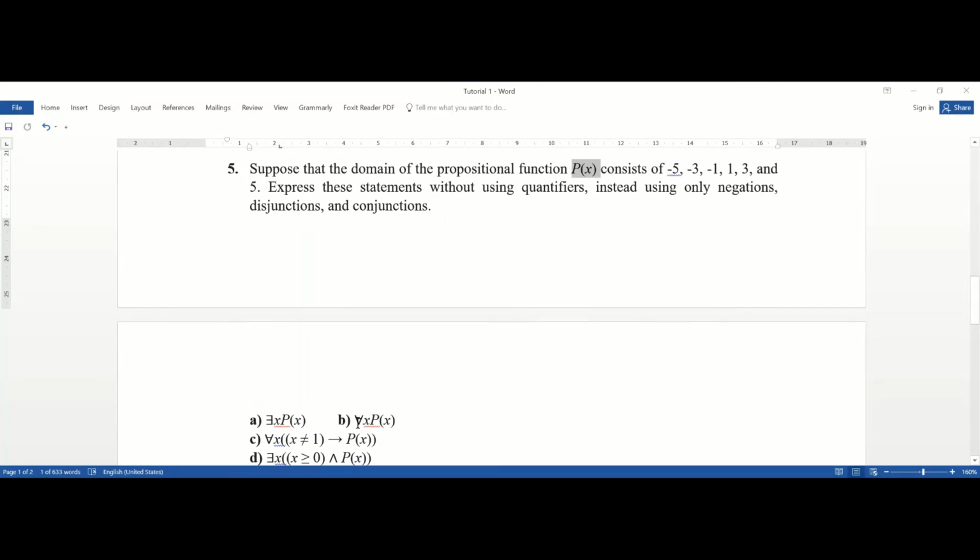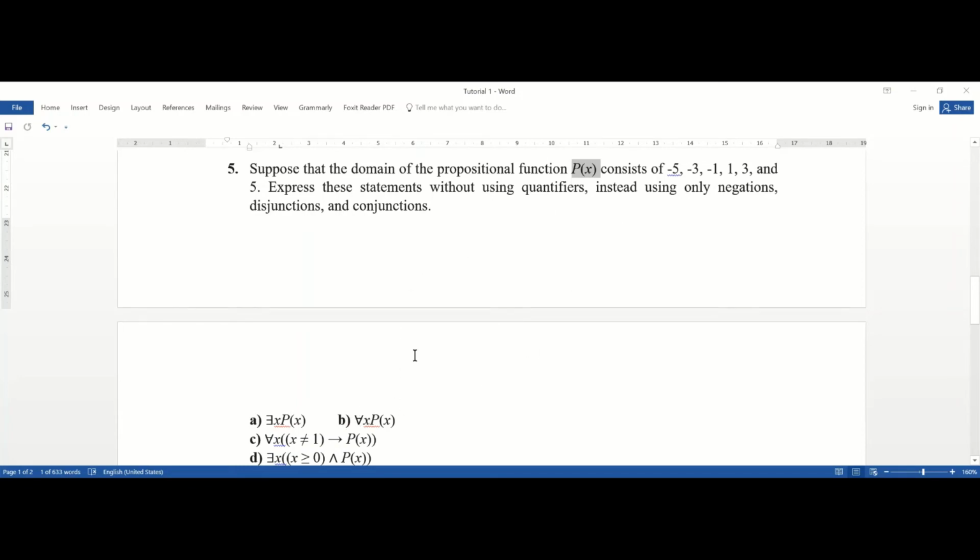How about the universal? For the universal, for all values of x, P(x) is true. What are the values of x here? Do we have any restriction? There is no restriction. But what we need to do is we don't apply the disjunction, rather we apply the conjunction. Why? Existential could be any of them, but for all values, the condition must apply to all of them.